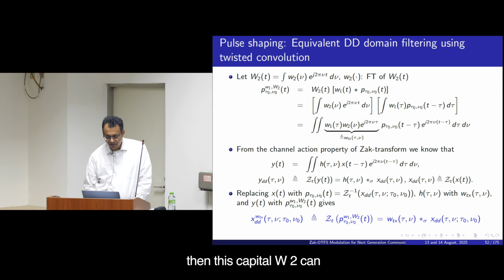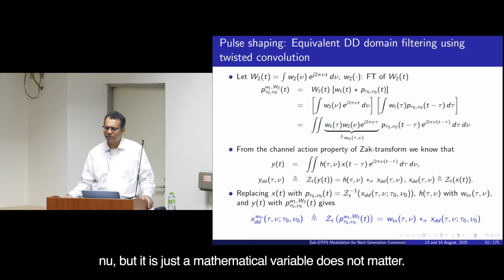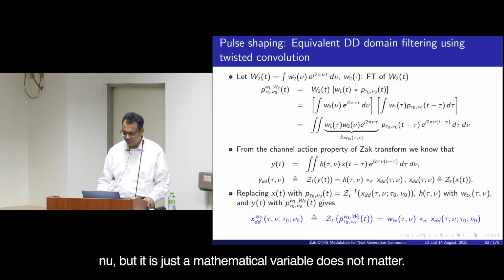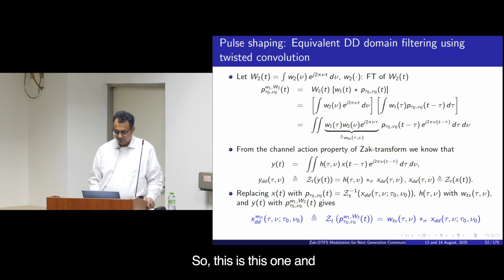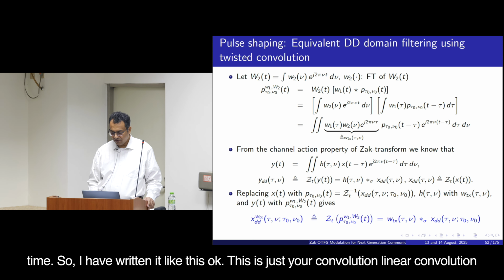Then this capital W2 can be written as the inverse Fourier transform of small W2, right. Instead of f I am using nu, but it is just a mathematical variable, does not matter. So this is this one, and then you multiply that with this term. Now this term is simple linear convolution in time. So I have written it like this, okay.